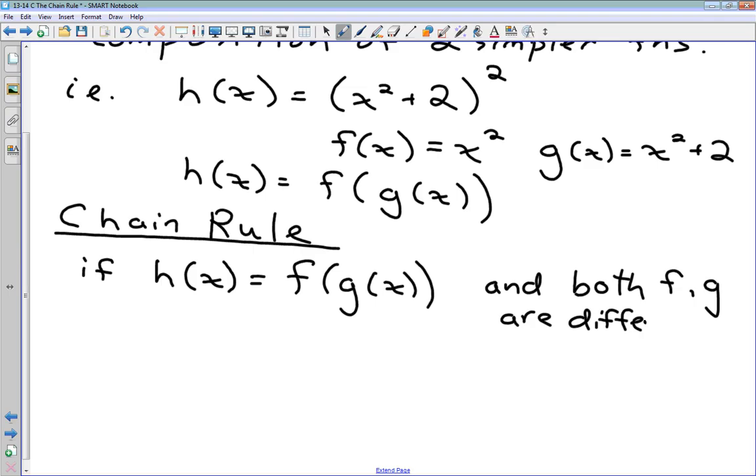And when I say differentiable, it just means that you can actually take the derivatives of these functions.